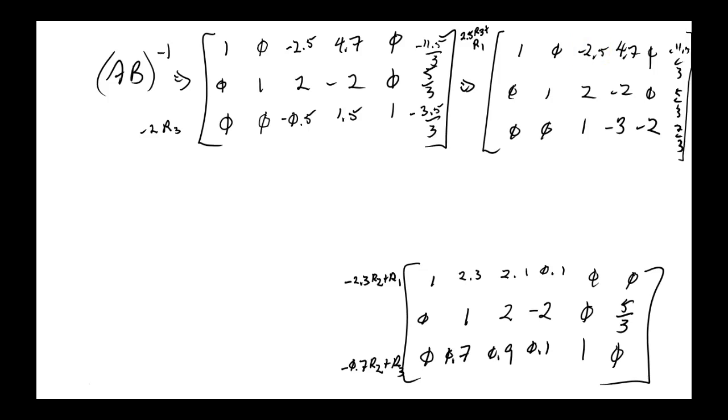Okay. So let's do that. So that would be a 1. I'm using the third row. 0, 0, 1, minus 3, minus 2, and 7 thirds. Okay. Strange but true. So this will be a 1. That'll be a 0. And this will be a 0, too, I hope. Right?